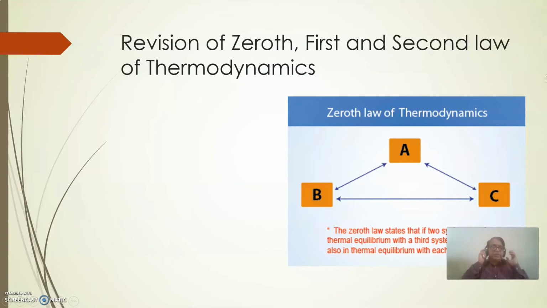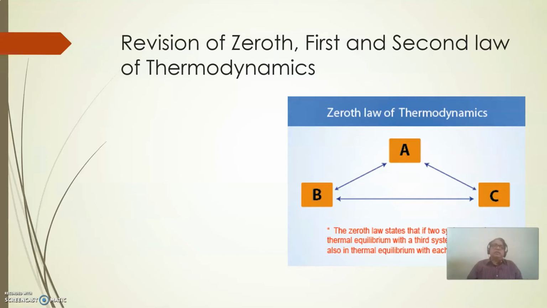The first law in thermodynamics, the starting law, is called the zeroth law of thermodynamics. This zeroth law explains the concept of temperature.